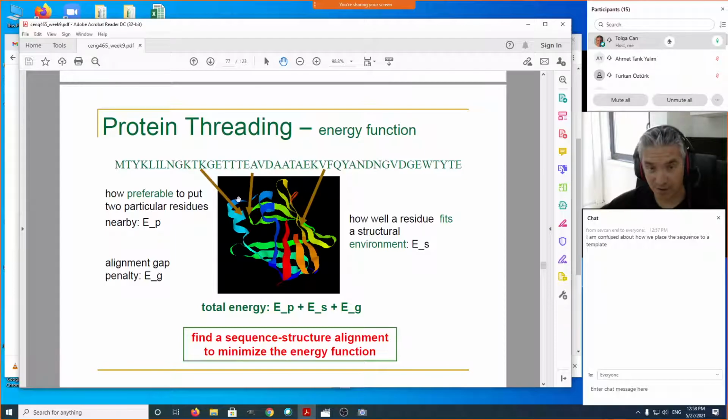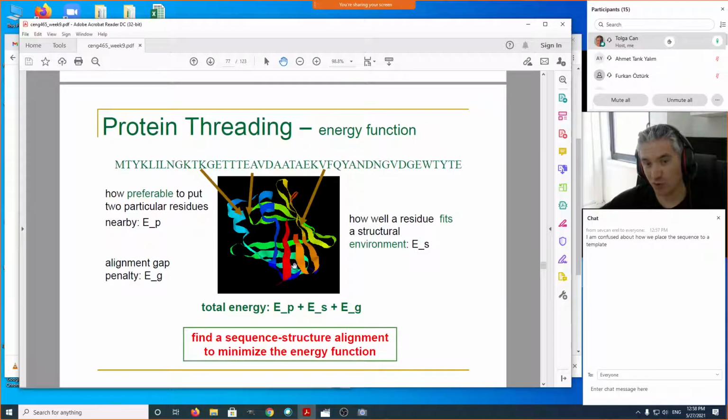Okay, so there are lots of degrees of freedom when we're trying to put this sequence onto the structure. But one thing that is not free is that we have to keep this amino acid order when we are matching amino acids to certain positions on the structure.